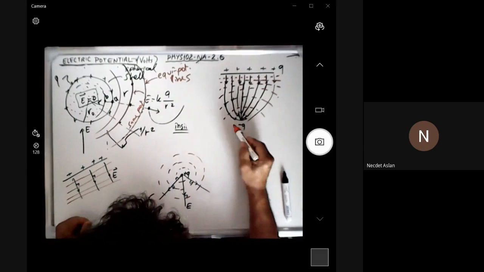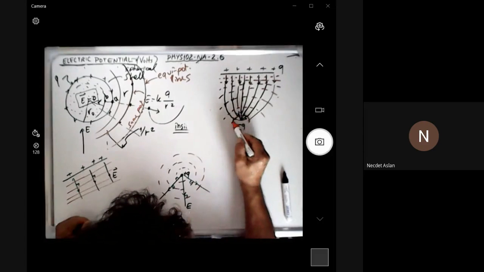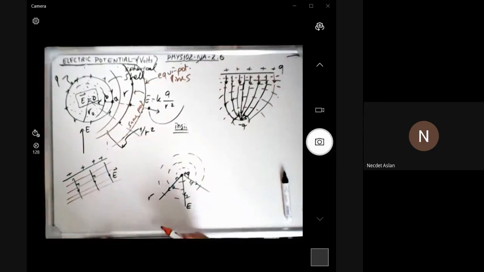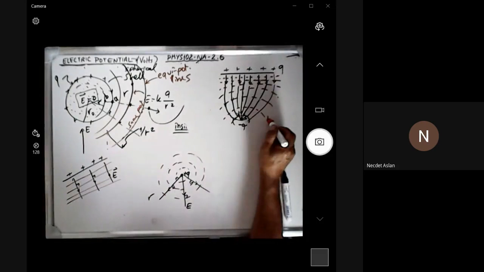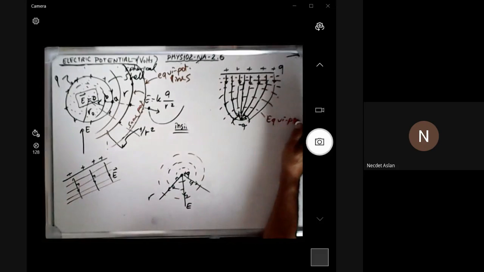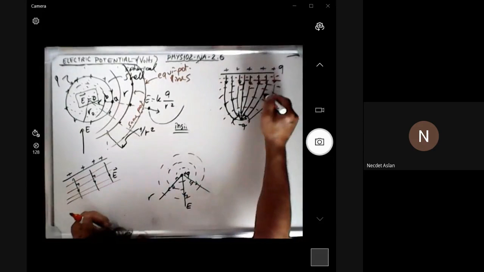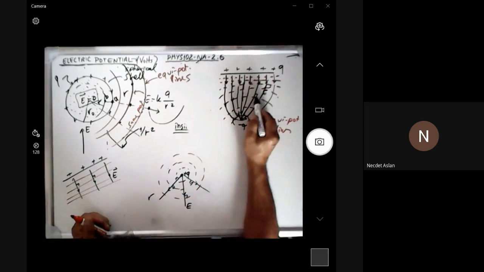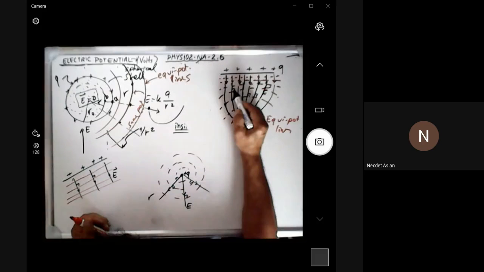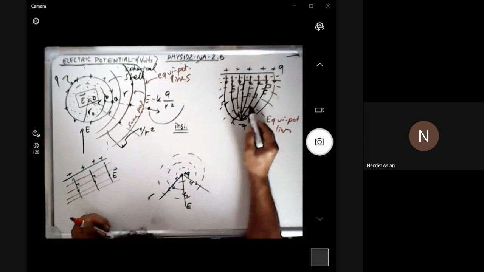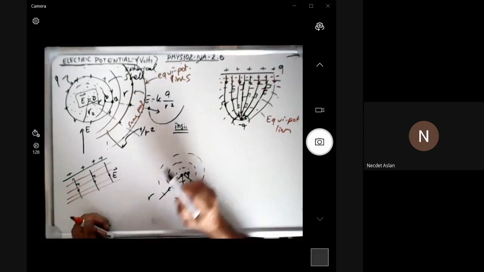When you get closer and closer to the point charge, it becomes totally spherical in shape. So these are equipotential lines, and these are the electric field lines. Guess what? They are all perpendicular to each other at any point.